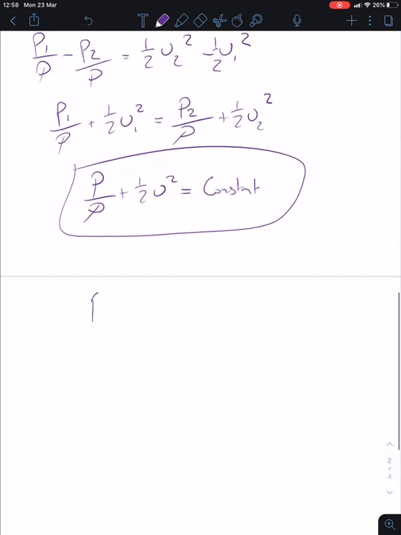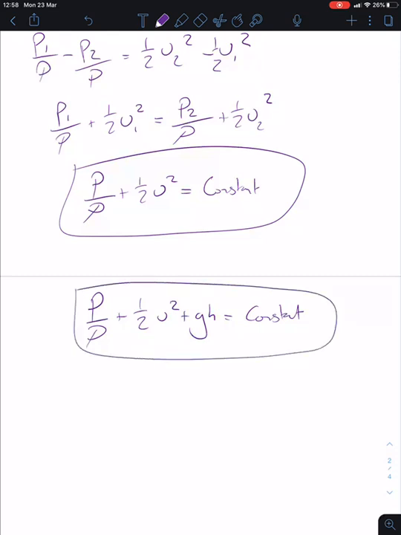If we factor in an elevation change, then we simply add in a term related to the height difference at any point along the tube. Okay, so this is the Bernoulli's equation derivation, and in the lecture notes and at various points you'll see this is quite a useful equation to know.